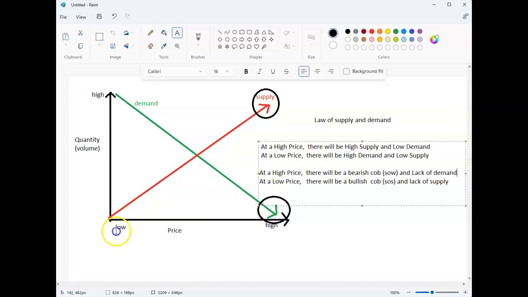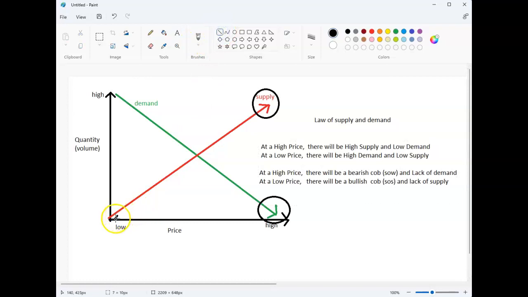Price reverses in the opposite direction. And that's according to economics. It goes the other way. So as supply increases and demand decreases, as price is increasing, there will be a turn. That turn will now shift price in the opposite direction, taking it lower.